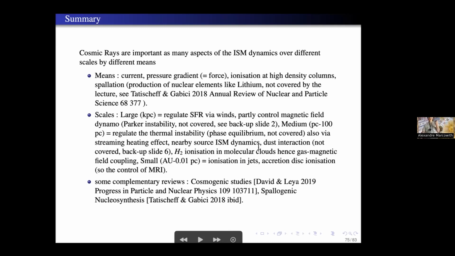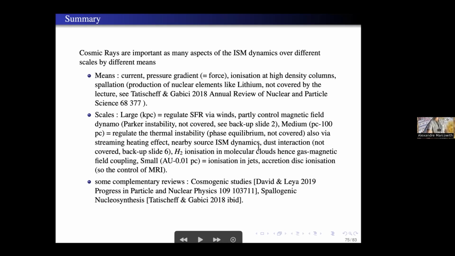And then, in order to explain the huge enhancement of ionization in H2, especially in active regions, you need to have some in situ source of cosmic rays, or specific zones connected with stellar activity where you have some modified transport of the cosmic rays. So cosmic rays are more confined around their source for a longer time. But this is still an open question.